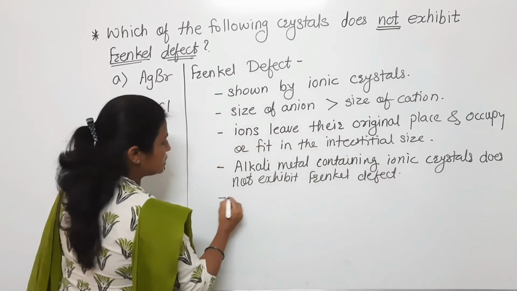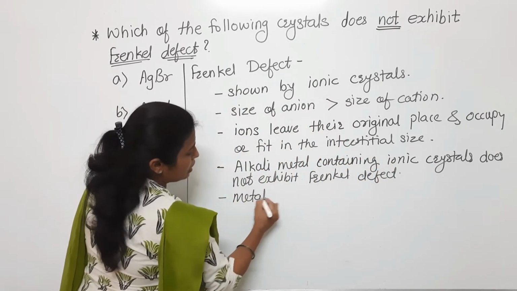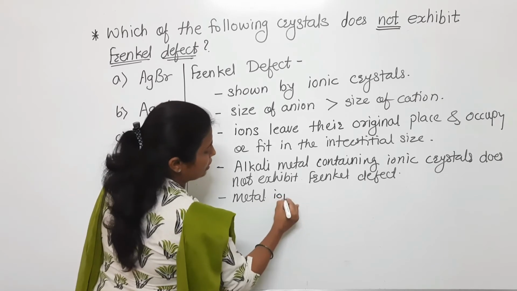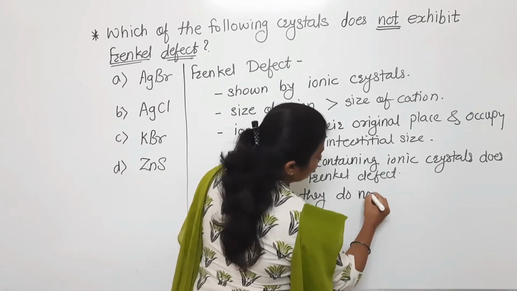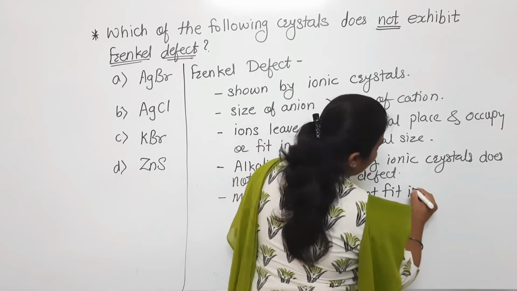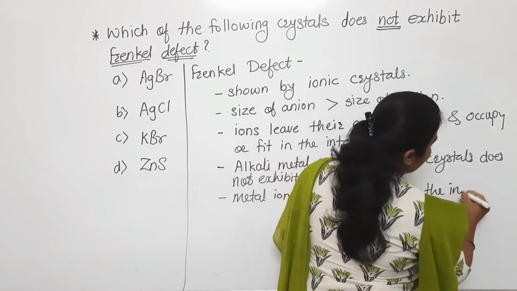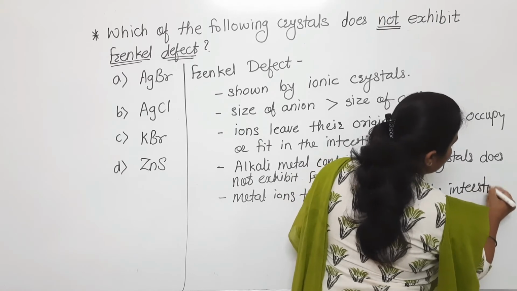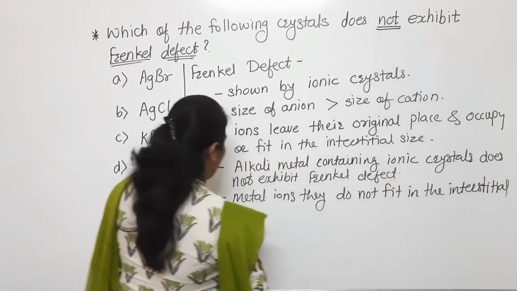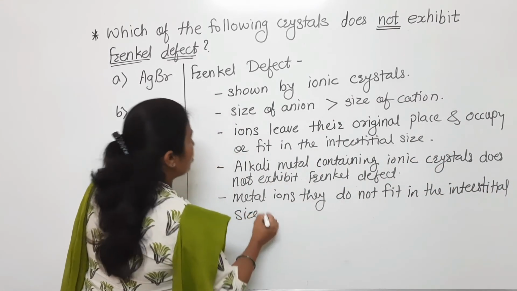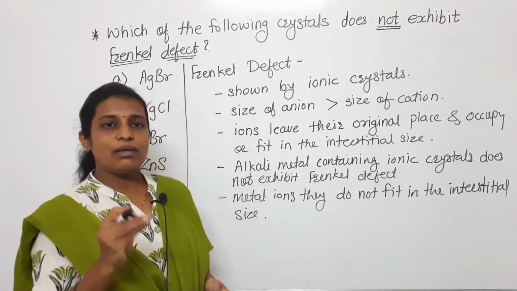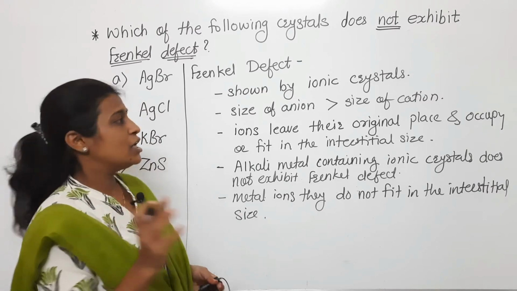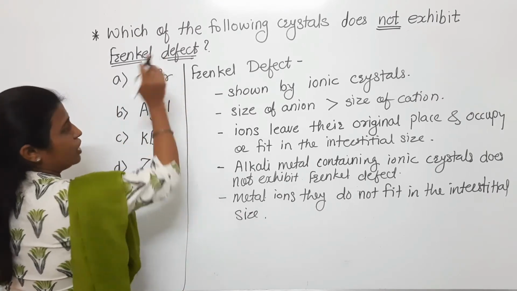Why? If we consider alkali metal ions, they do not fit in the interstitial site, and that is the reason these alkali metal containing crystals do not show this Frenkel defect.